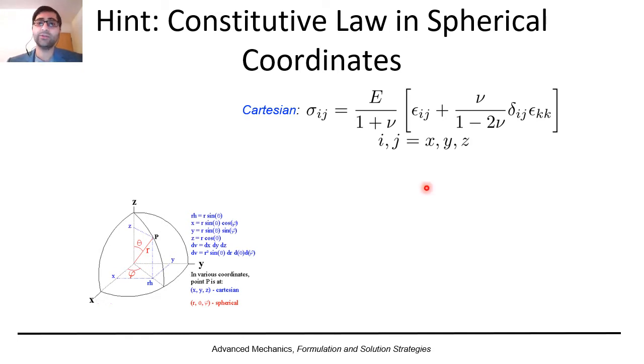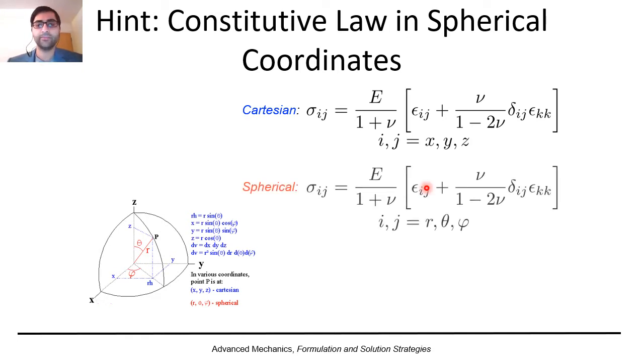And the constitutive law in spherical coordinates is simply the same as the constitutive law in Cartesian coordinates, but just replacing i and j, instead of x, y, z, or 1, 2, 3, this time with r, theta, and phi.